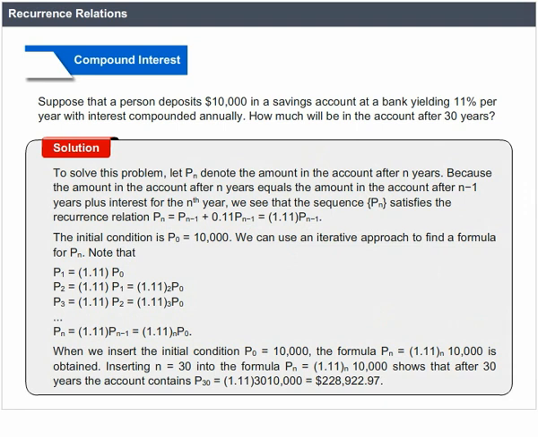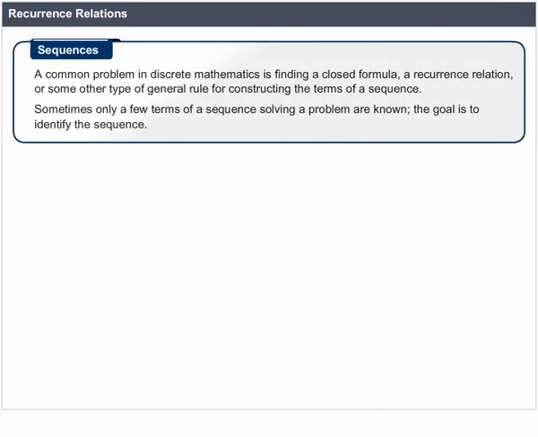Inserting n = 30 into this formula shows that after 30 years the account contains P_30 = 1.11^30 × 10,000 = $228,922.97.